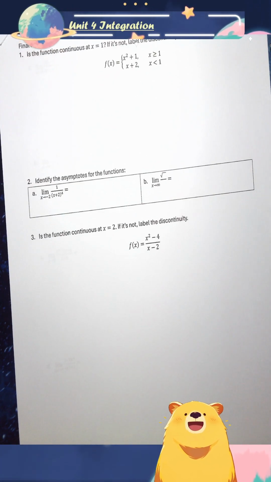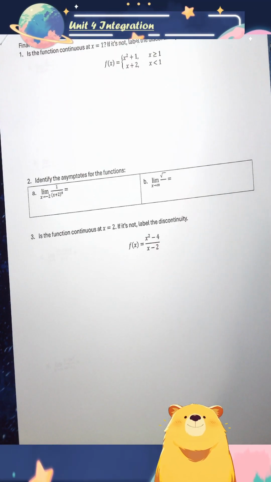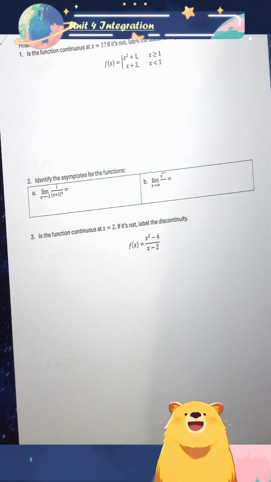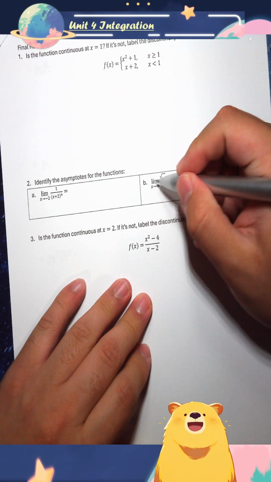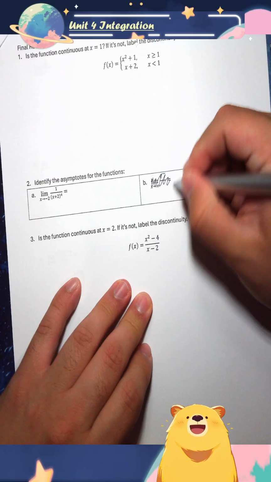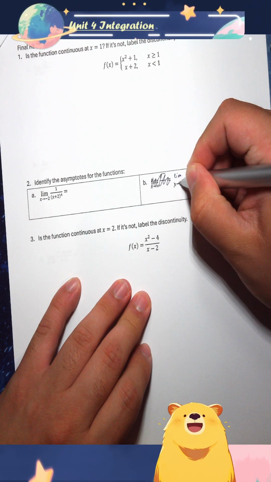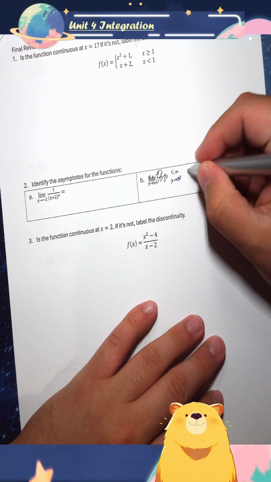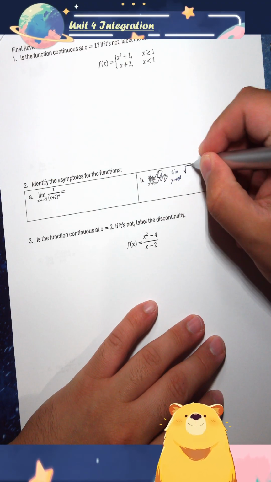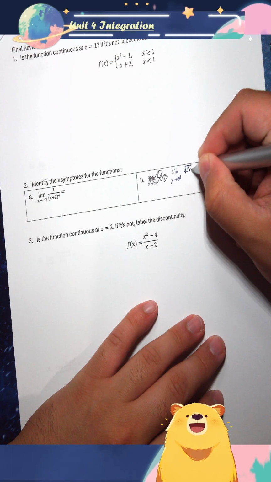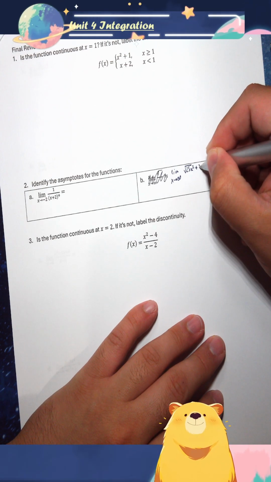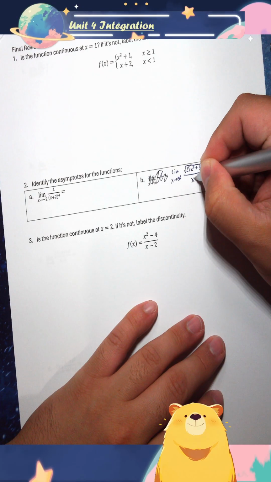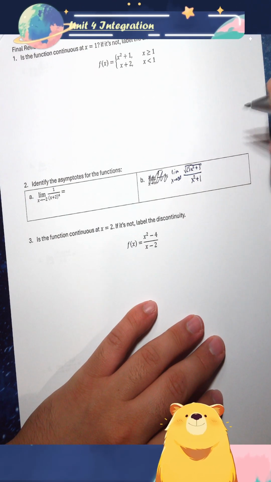Oh, wait. Before we start real quick, I know I made a typo on this review. For this one, it's the limit as x goes to infinity of the square root of 25x squared plus 3, over x squared plus 1.